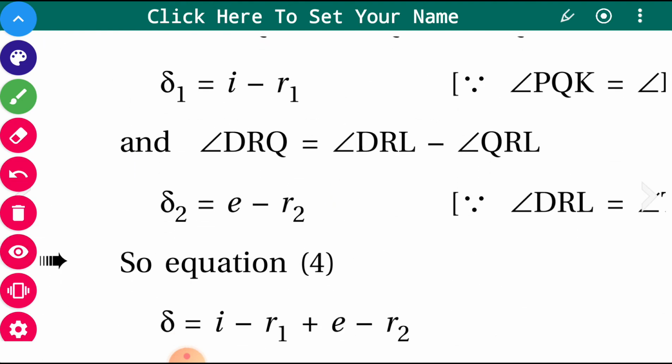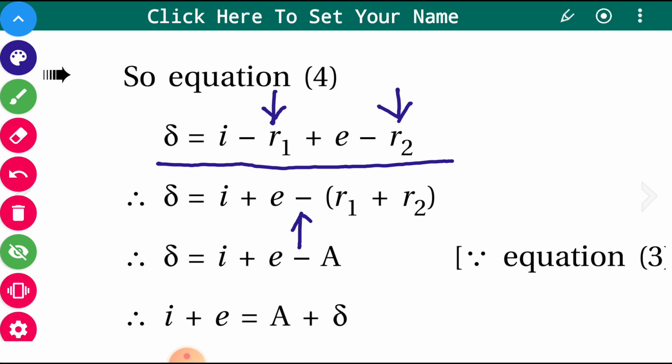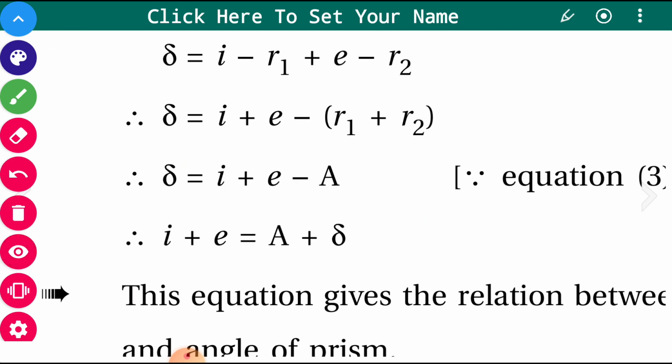So you will easily get delta is equal to I minus R1 plus E minus R2. Take these two together and take the minus sign common: minus (R1 plus R2), and R1 plus R2 is nothing but the angle of prism. So instead of R1 plus R2 we write A. So you will get I plus E is equal to A plus delta. A very important equation for refraction by a prism.